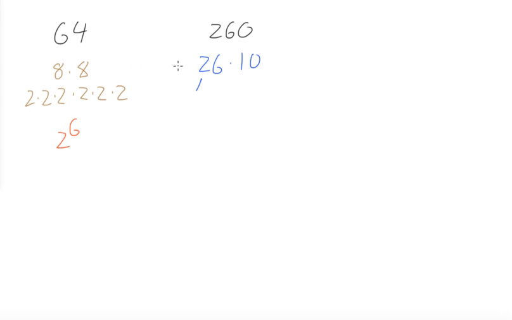So you could say that 26 is 2 times 13. And you could say 10 is 2 times 5. Alright, so then we're going to combine the like numbers, 2 and 2 become 2 squared, and then you do times 5 times 13, and those are all prime numbers, and that's the prime factorization.